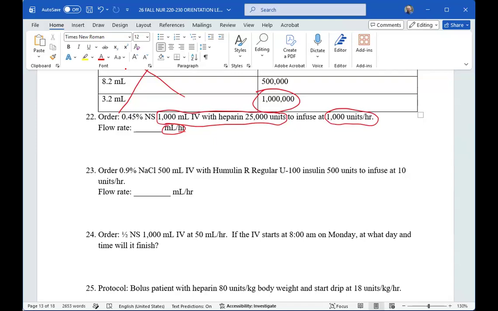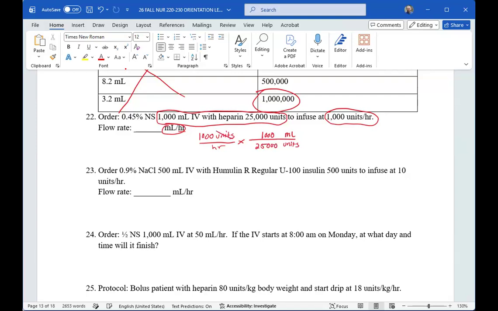That's your available. So the way I do this is I'm going to take my 1,000 units per hour, and then I'm going to convert by getting rid of units because I want milliliters, and then I see that I have 1,000 milliliters and 25,000 units.